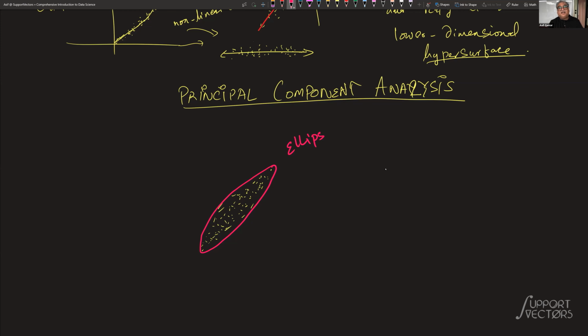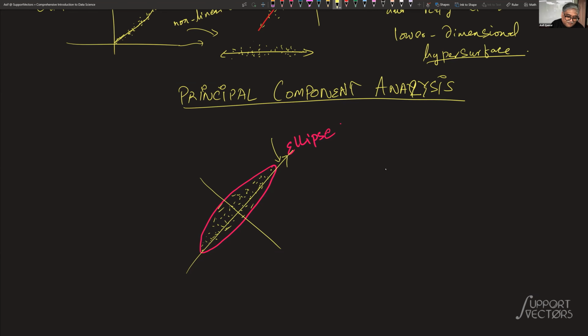And in higher dimension, I'll just call it an ellipsoid, a high dimensional ellipsoid. But let's keep it to simple things. You know what? Let's talk ellipse. You can shrink wrap this data into an ellipse. Now, in the language of ellipses, these are common terminology.